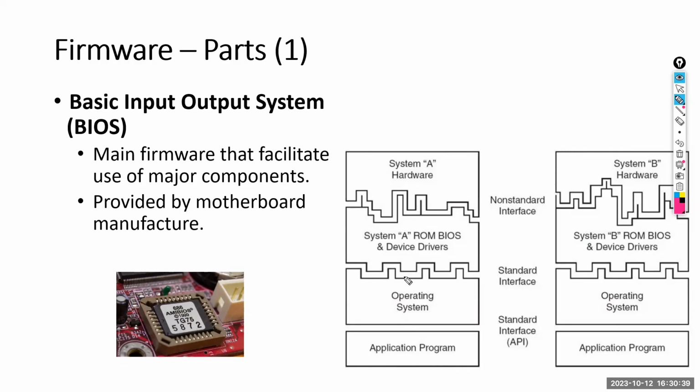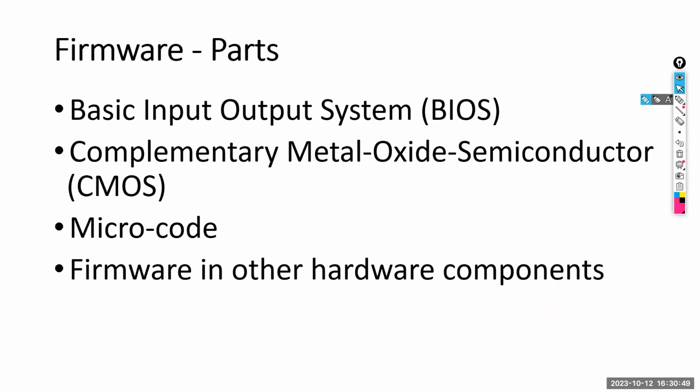Firmware is not just one thing; firmware has a set of things. This compatibility layer, or the driver layer, is called the BIOS. So firmware consists of a few parts: the BIOS, CMOS, microcode, and some other firmware in other devices.